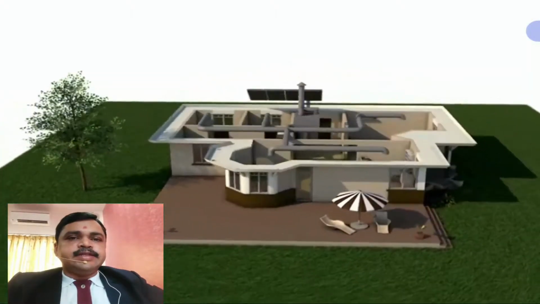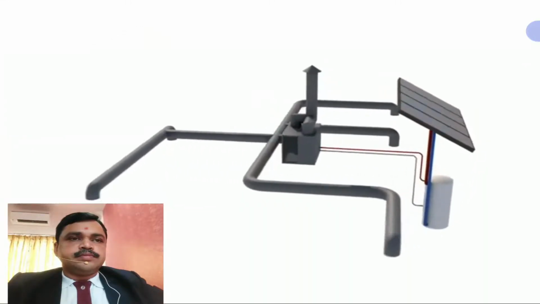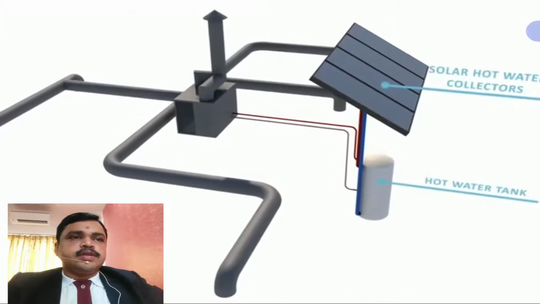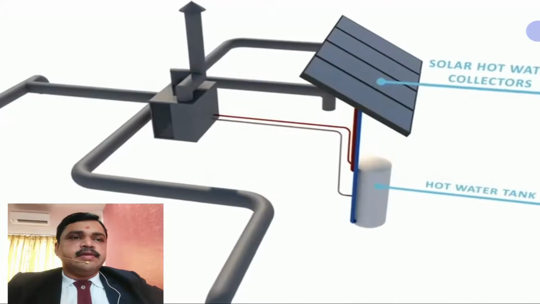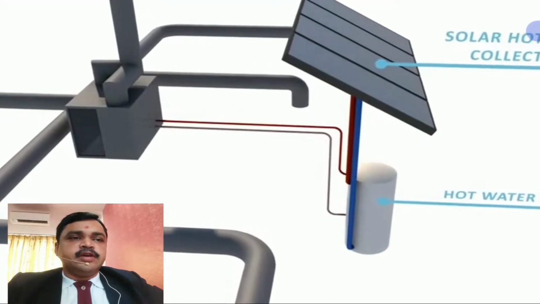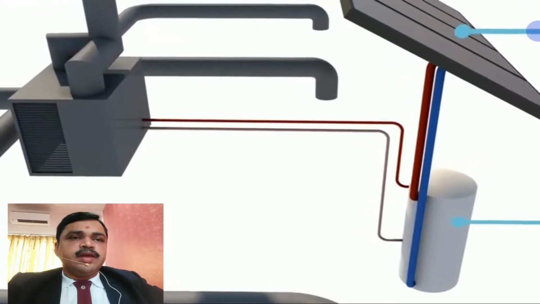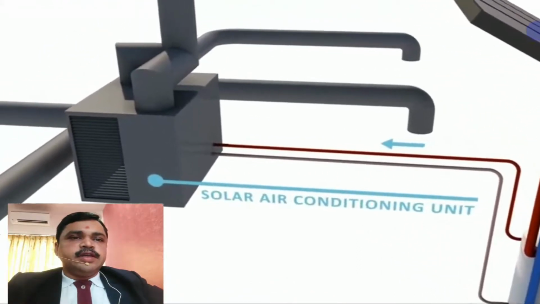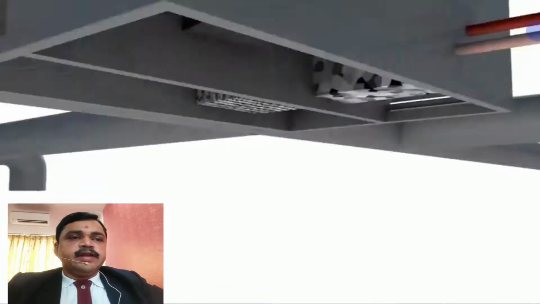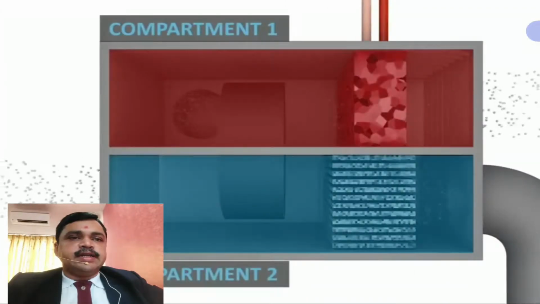Solar air conditioning system. This is a flat plate collector where water is heated and stored in a hot water storage tank. This hot water is used in a heat exchanger where refrigerant or coolant type materials are heated.